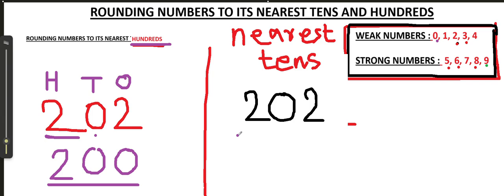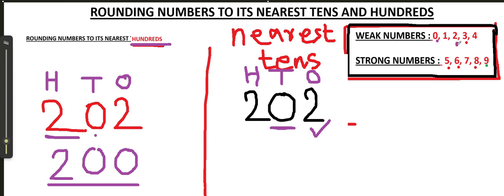Let's go to 202. If we can round that to its nearest tens. Ones place, tens place, hundreds place. Now we are going to round off this number to its nearest tens, so I'm going to underline this 0, but look at 2, right?